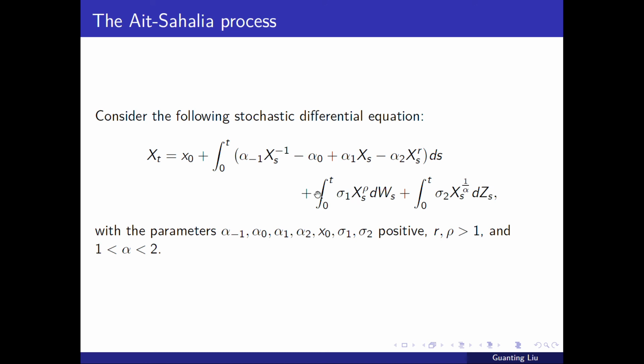In the drift, we have an inverse term, and r being greater than 1, a superlinear term. And in the diffusion, we have a superlinear term, rho greater than 1. And for the sake of simplicity, we maybe start from an alpha stable jump here for the time being.